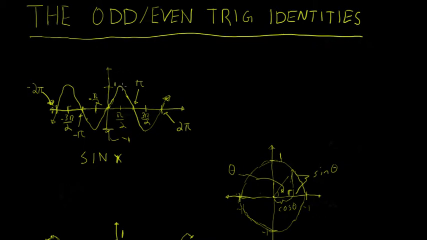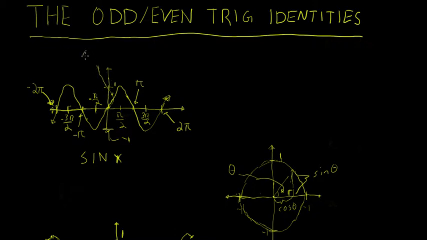But what we're going to be focusing on here is what is the value of sine of -x relative to sine of x. So let's say we are interested in the sine of pi over 4. Pi over 4 is roughly here.